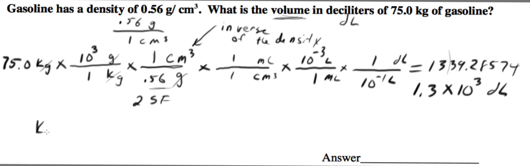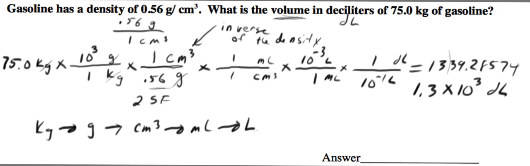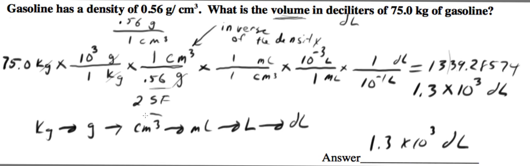So we went from kilograms to grams, centimeters cubed, to milliliters, to liters, to deciliters. And we have 1.3 times 10 to the third deciliters. That's our answer. But remember, to get to this, we had to use the inverse of density.